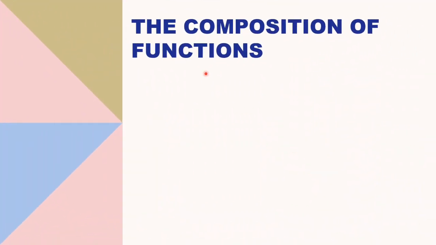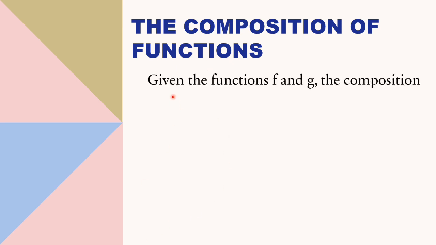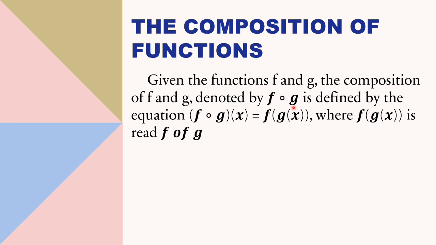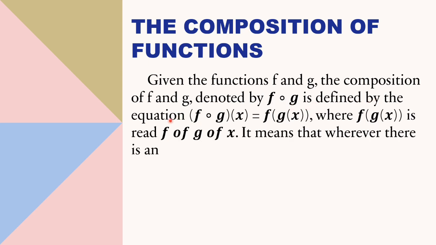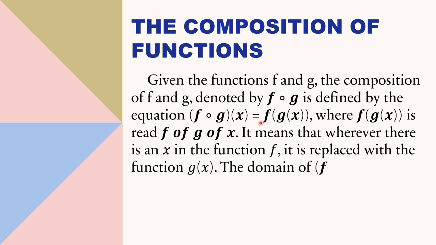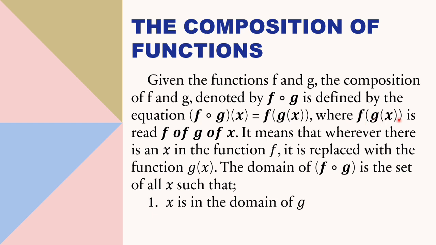Next is composition of functions. So given the functions f and g, the composition of f and g, denoted by f composed of g, is defined by the equation f composed of g of x is equal to f of g of x. So where f of g of x is read as, okay, we have f of g of x.